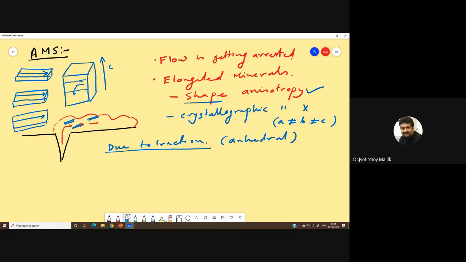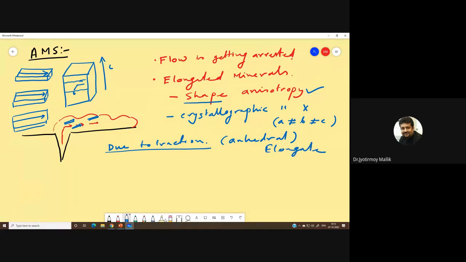Anhedral means which doesn't have a specific shape or which are completely elongated, which doesn't look like a sphere or a circle. So those are my anhedral crystals, highly elongated in shape.